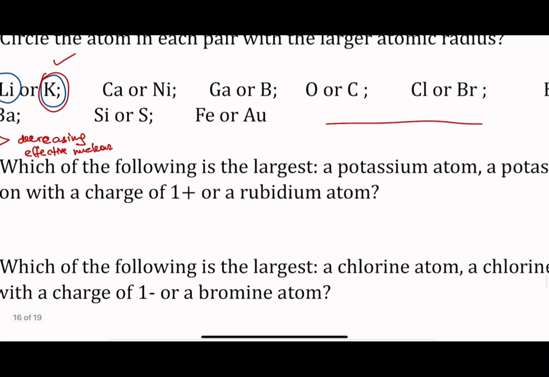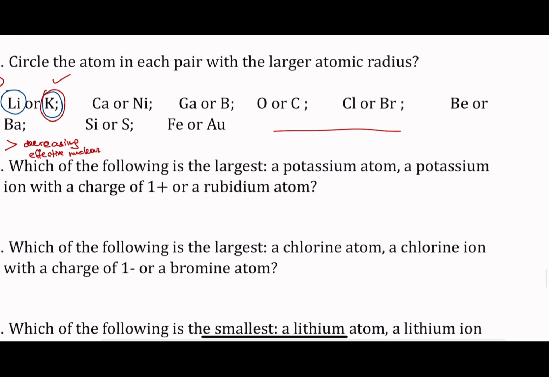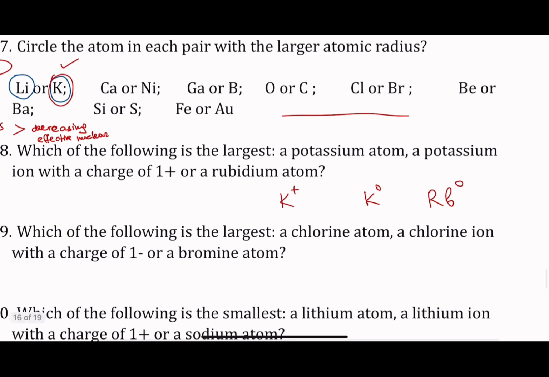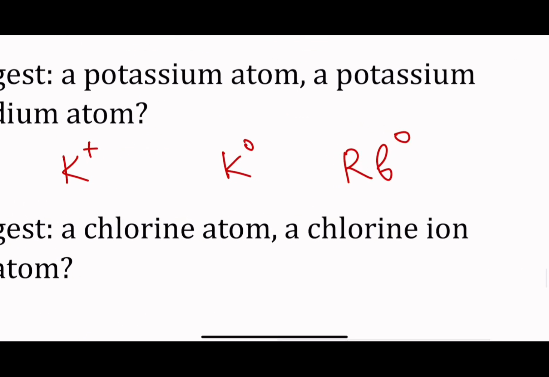Which of the following is the largest? Potassium atom, potassium ion, or rubidium atom. Potassium is a first group element, so it will have a charge +1. It will lose 1 electron in the last shell to complete the octet. So this is 0 and this is 0. We know that rubidium is located at the very bottom, meaning the number of shells is really high, so rubidium is going to be the largest.